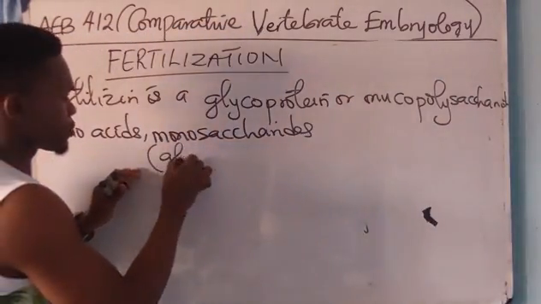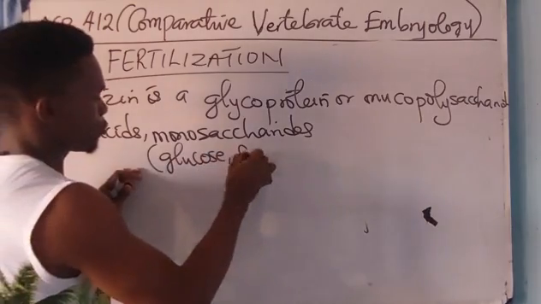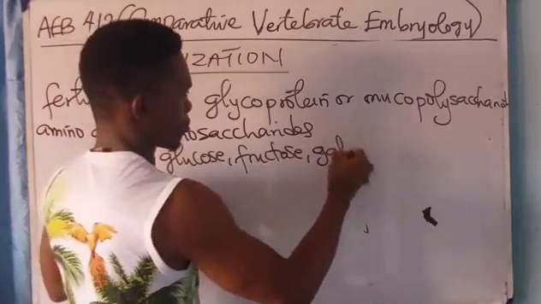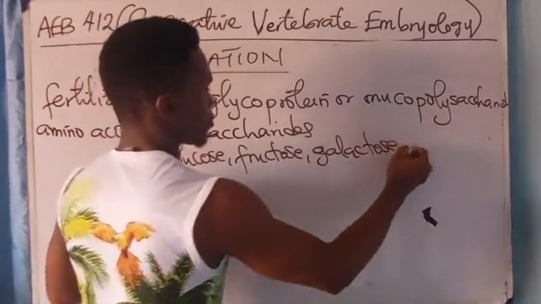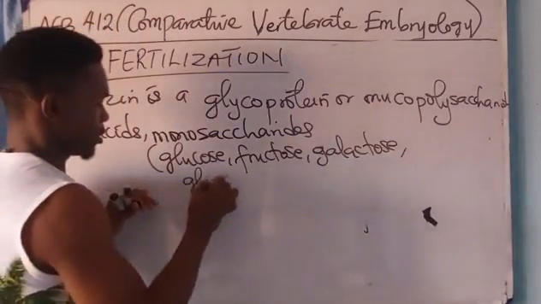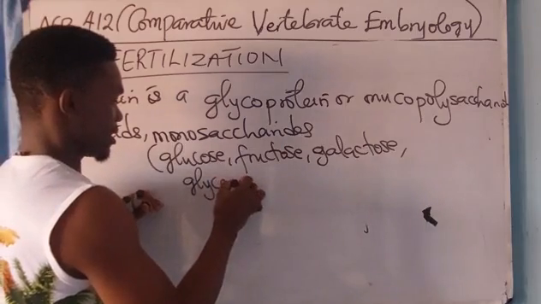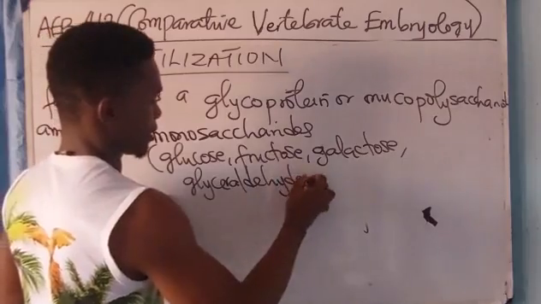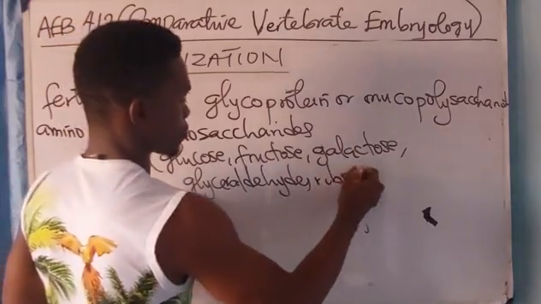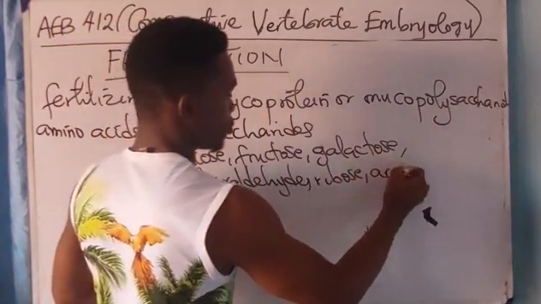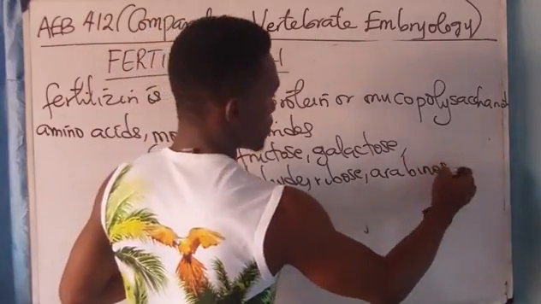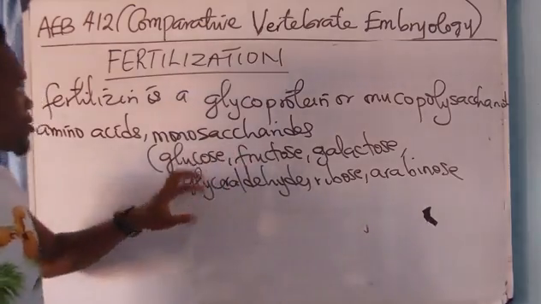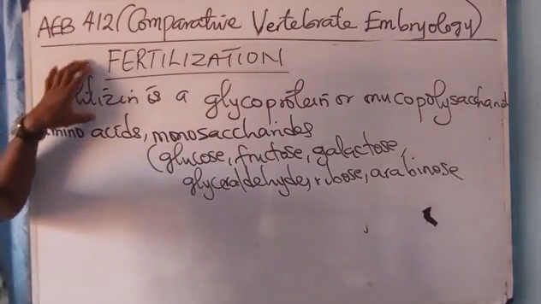They are glucose, fructose, galactose, glyceraldehyde, ribose, arabinose. All of these are what? Monosaccharides, and they are the constituents of this fertilizin.